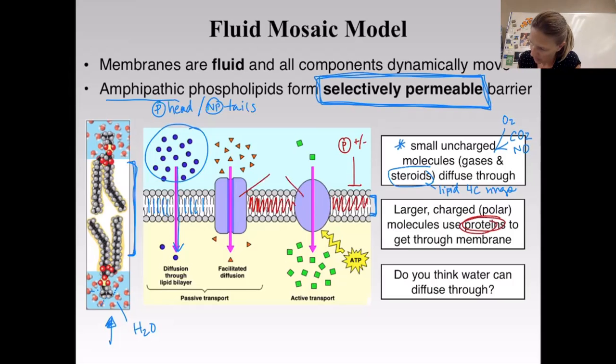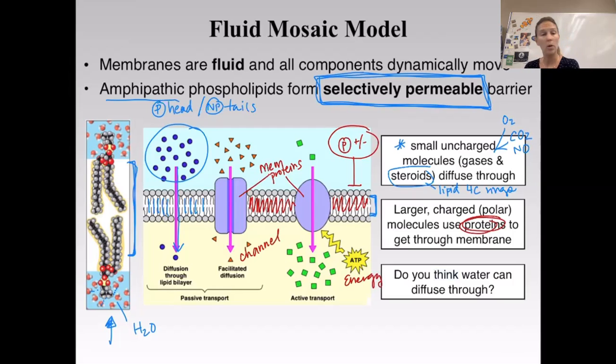Here are these membrane proteins, which are really important to act as a gatekeeper to get these polar charged molecules through. And they can get through different ways, as we're going to see later. Here we have a channel where things can get through. Here we have a protein that needs to use energy, and we'll talk about that as we go.